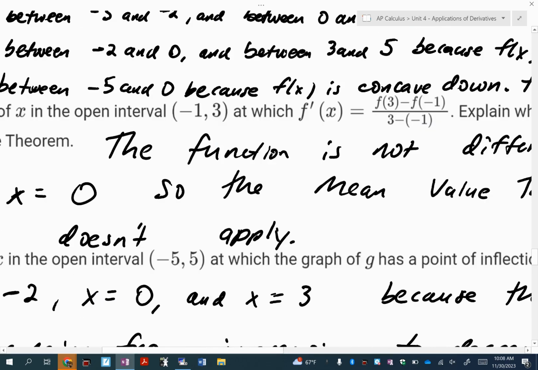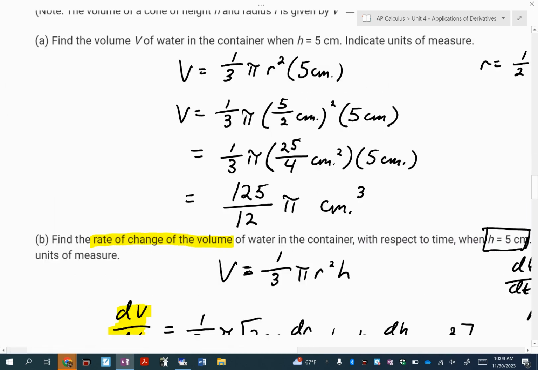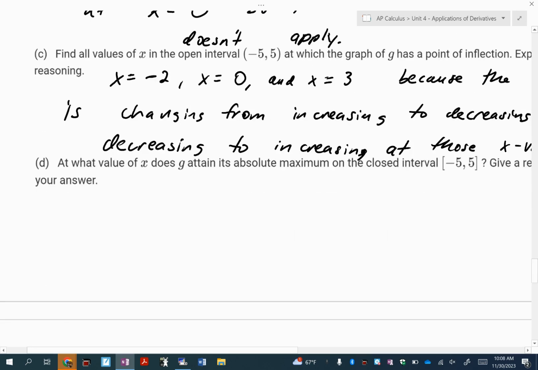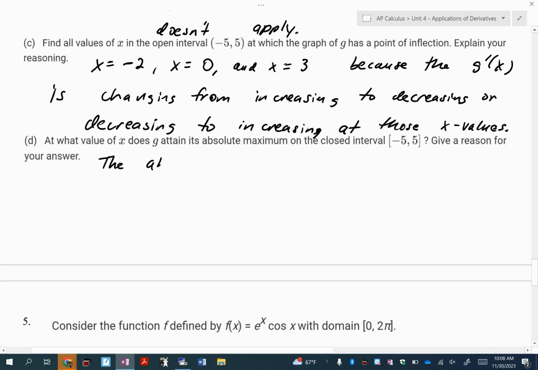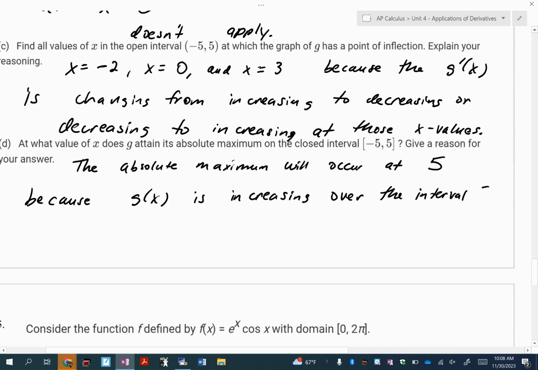So the answer for part D, oops, my bad, right here, is the absolute maximum will occur at 5 because g of x is increasing over the interval -5 to 5.